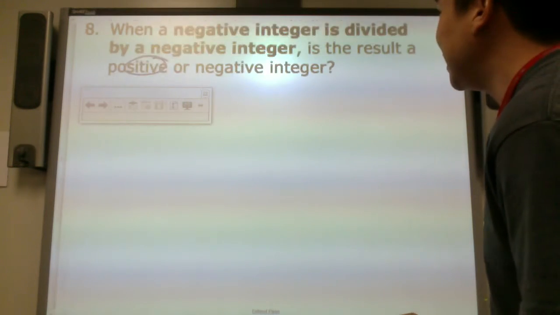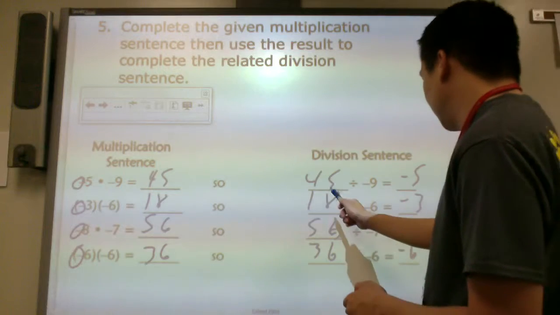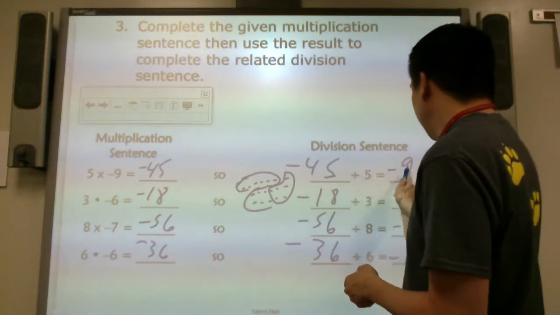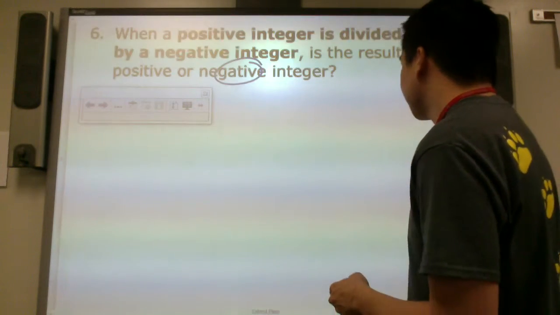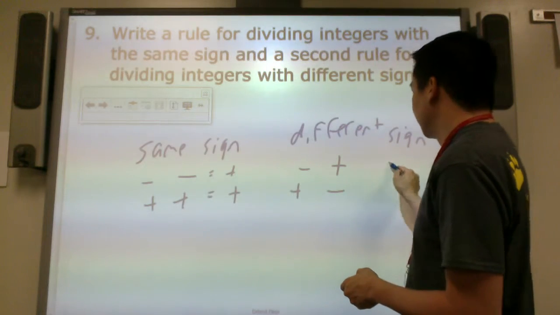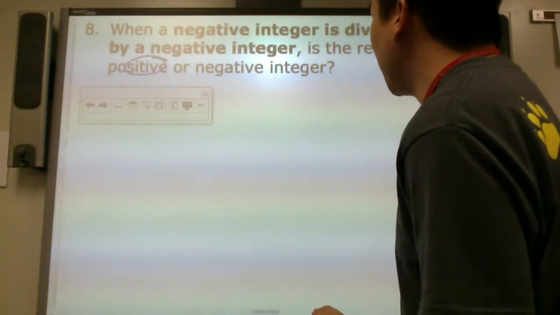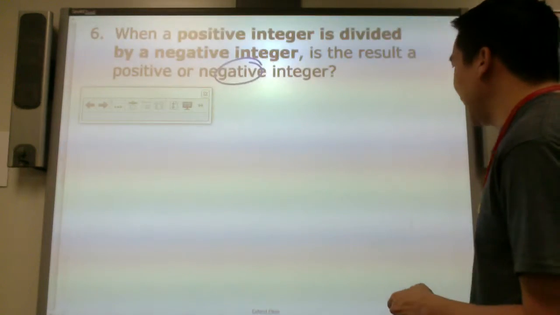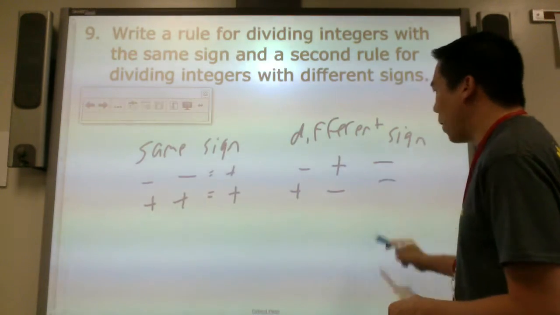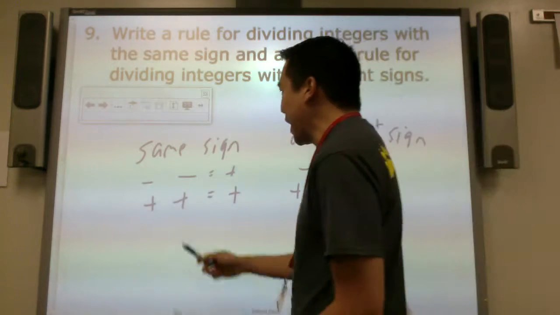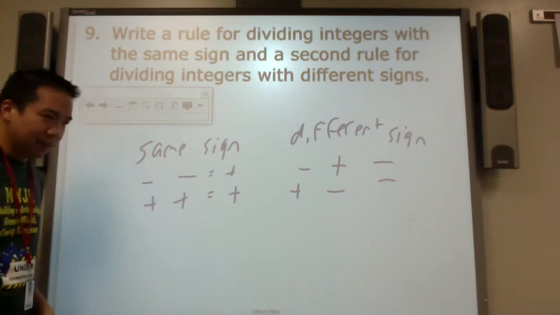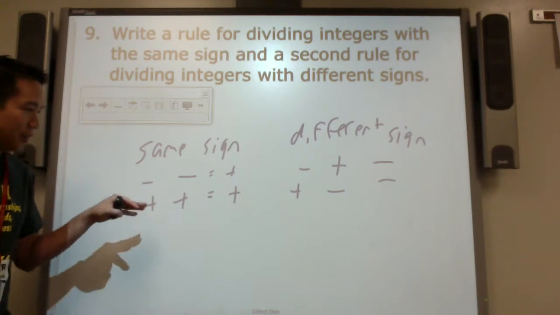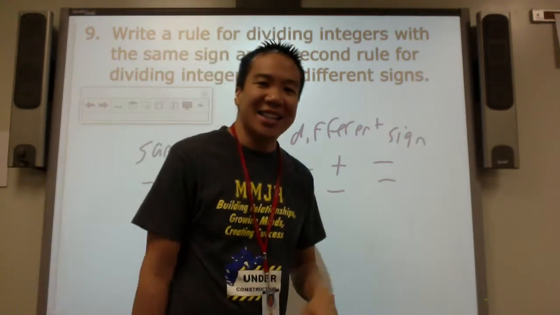If you divide a negative and a positive, the answer is negative. If you divide a positive and a negative, you get a negative. So my rule is if they are the same sign, it's positive. If they are different signs, it's negative.